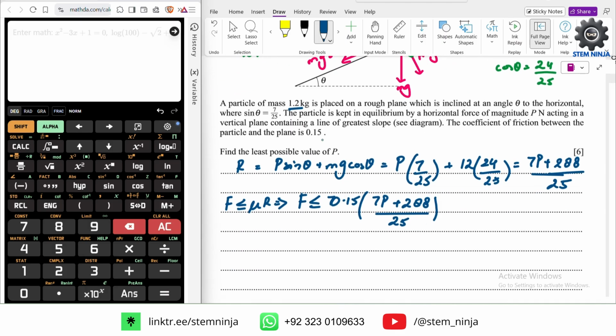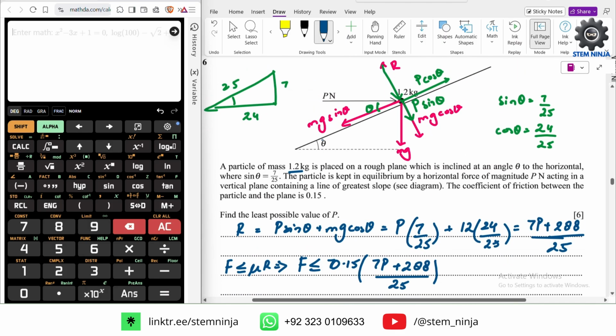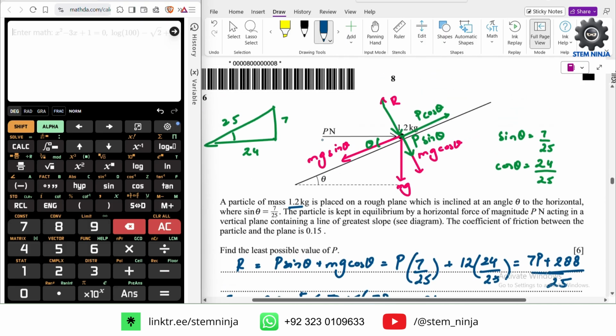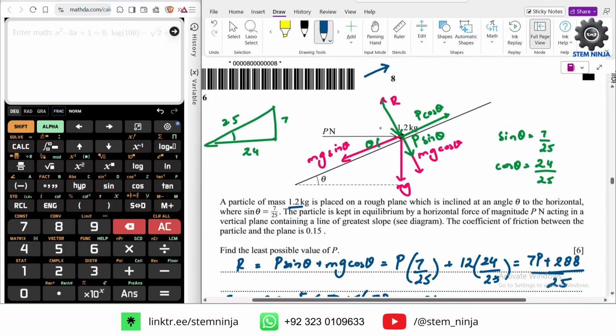Right. Okay. So now the question of which direction of motion should we take? Because if we take motion to be in this direction, friction would be in this direction. So that would mean P is against friction and mg sine theta. So it would give us the maximum value of P. We need the minimum value, so we would need the motion to be in this direction. So friction can be in this direction.